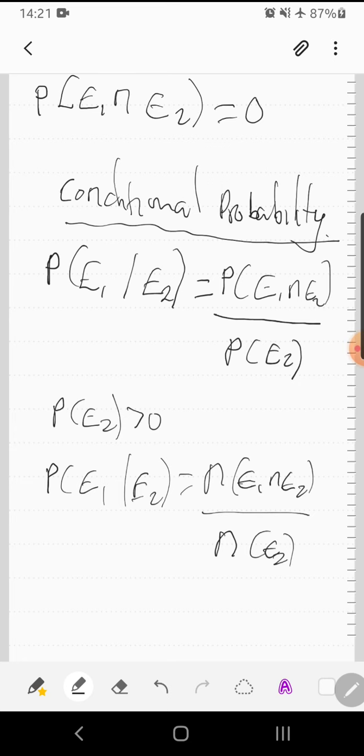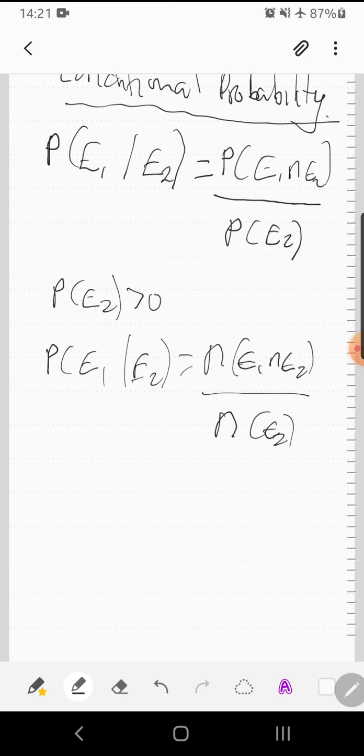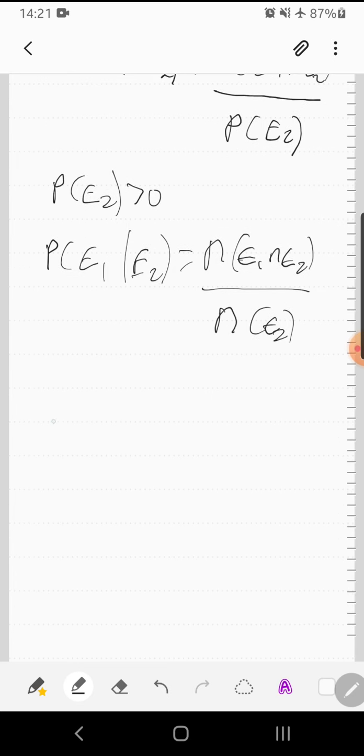Okay, so we have an example. In this example, we are given a contingency table. So you'll be seeing tables like this.